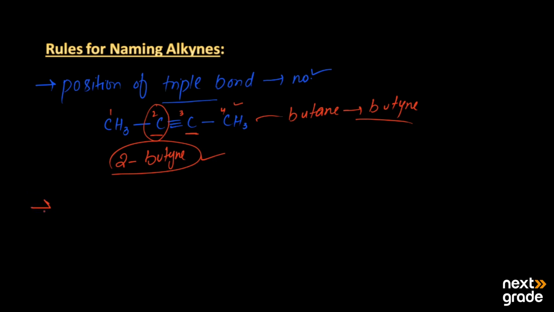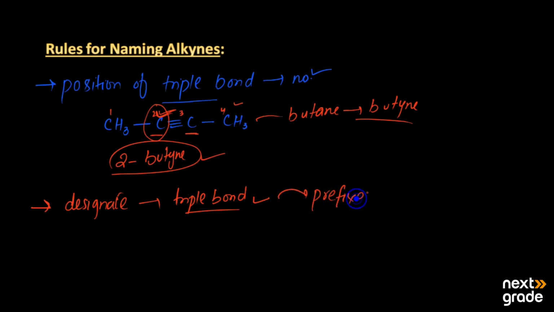After that we have the next rule. You have to designate the location of the triple bond by assigning a number first to it, and after that we will add the prefixes. Now what are prefixes? If more than one triple bond is present, then we add di, tri, and so on.